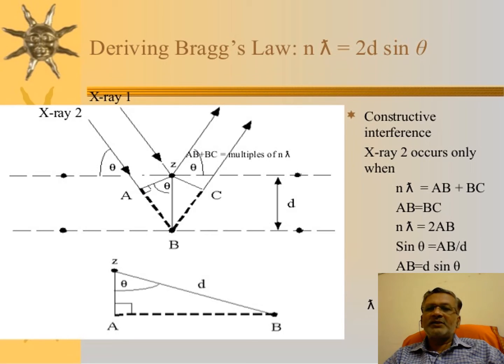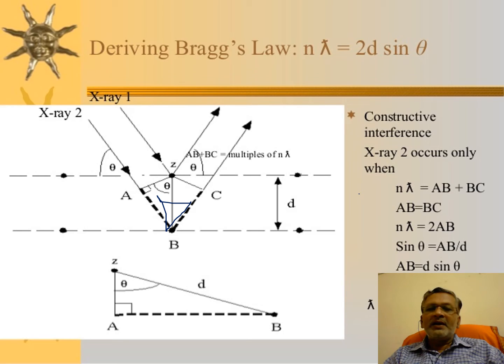Derivation of Bragg's law, n lambda is equal to 2d sin theta. See here, this is X-ray number 1, X-ray number 2. One is reflected, another one passes through the first plane and is reflected back here. So AB plus BC is the additional path difference introduced, and we know AB is equal to BC. Therefore, the constructive interference condition is n lambda equal to AB plus BC, but AB is equal to BC, so n lambda is equal to 2AB.